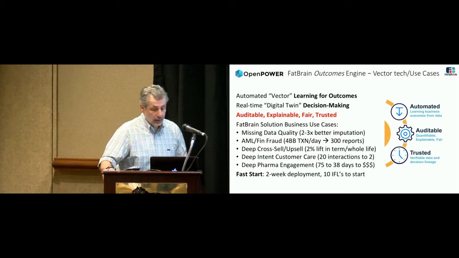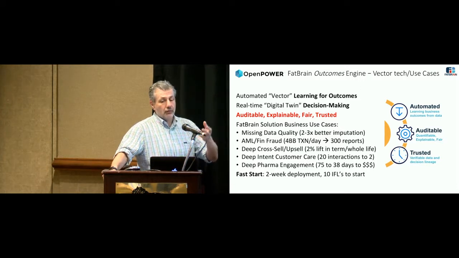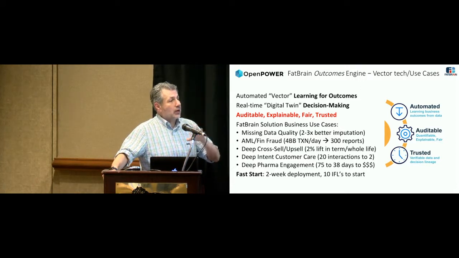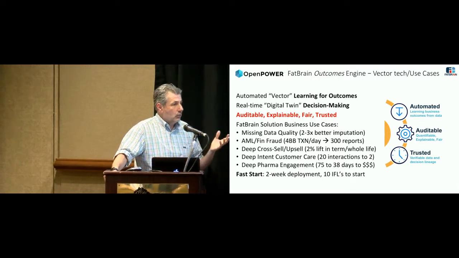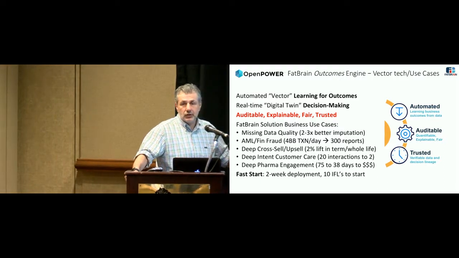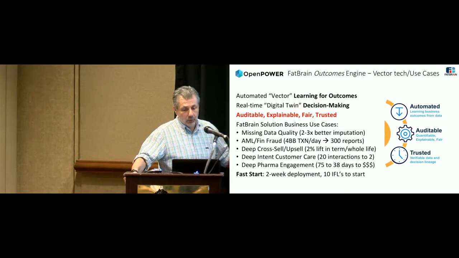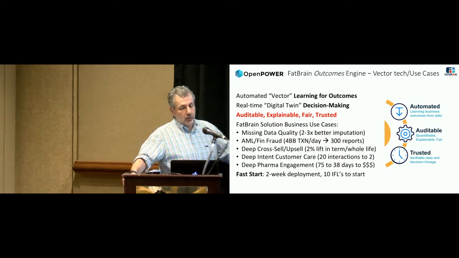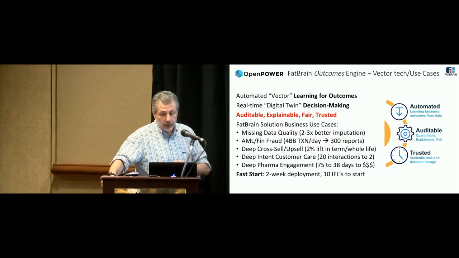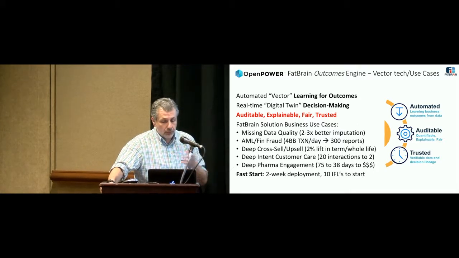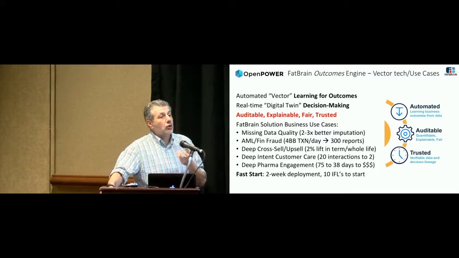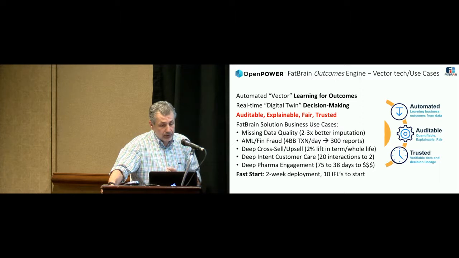So that's a really interesting after effect of having this learned outcome system with live vector embeddings and the digital twin capability. We're able to process, as I mentioned before, billions of transactions per day for anti-money laundering and financial fraud, and then produce really impressive results in terms of very low false positive numbers.